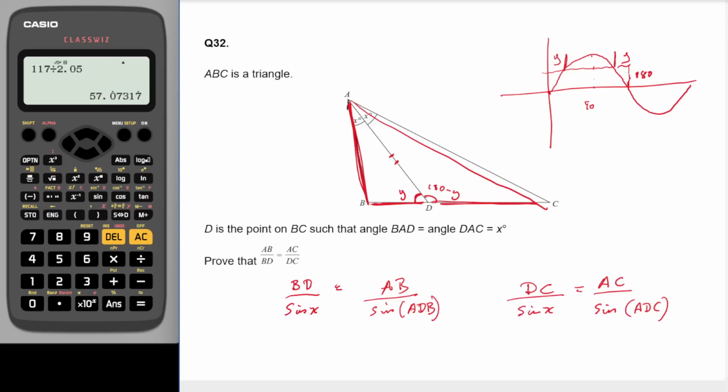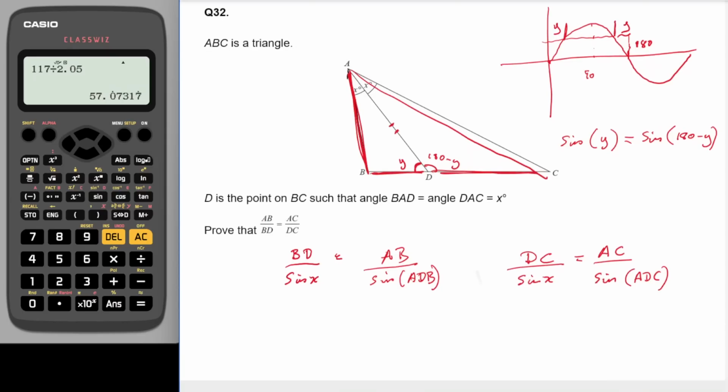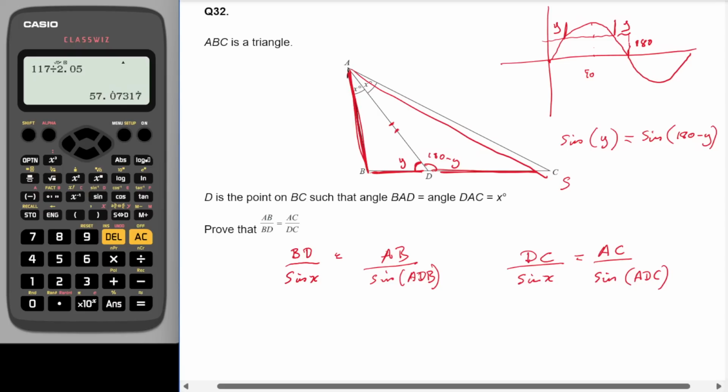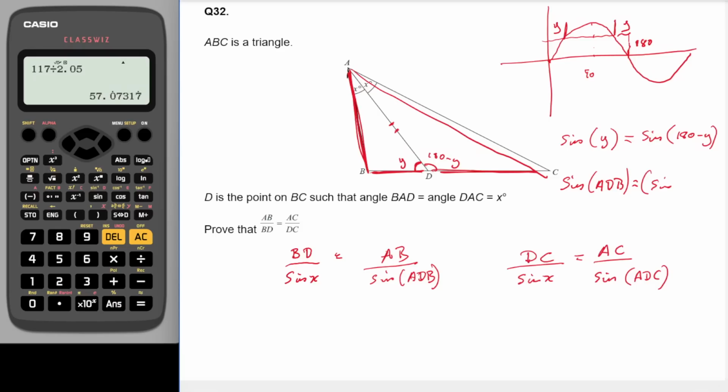So the sine of y must be equal to the sine of 180 minus y. So these would both be equal. So sine of ADB must be equal to the sine of ADC.